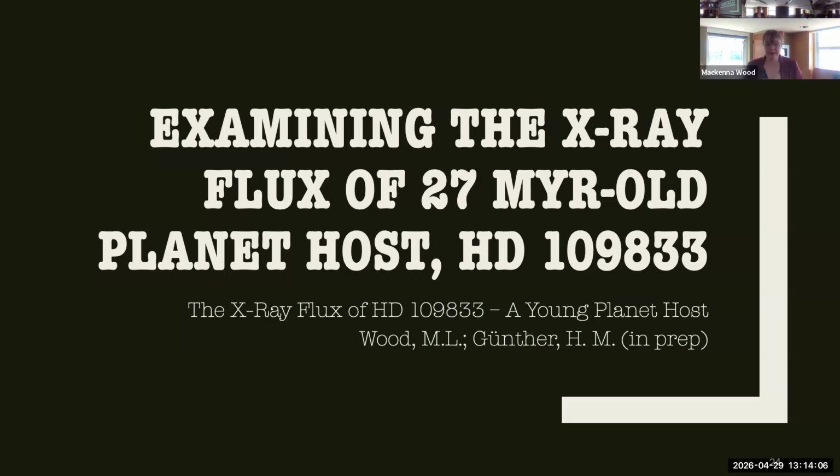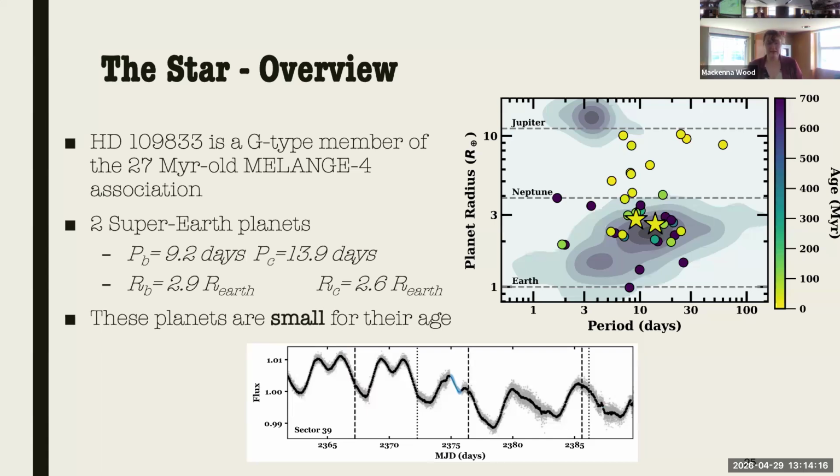And this is where we're going to take a look at a young planet host called HD 109833, which was recently observed with Chandra. So this star is a G-type member of a 27-million-year-old association with 2 super-Earth planets found around it.